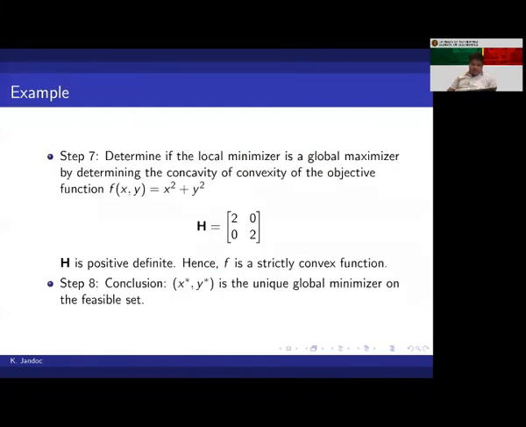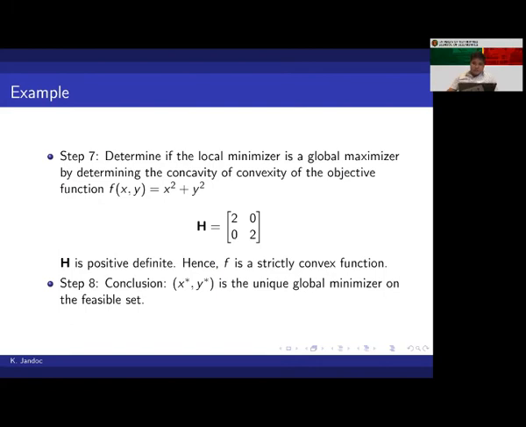So now we stopped at the condition to determine whether the stationary point is a strict local maximizer or a strict local minimizer. The second order sufficient condition gives the conditions for determining whether those stationary points are local minimizers or local maximizers.